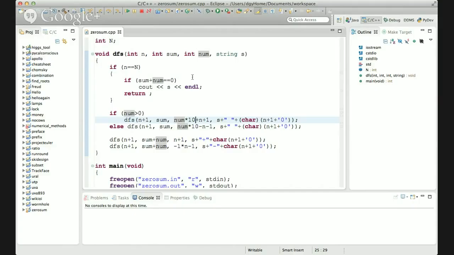For example, if 1 plus 2, then you get 3, and the num is actually the post number there. So if you have a 1 plus 2, here's a 2, then 2 times 10 plus n plus 1. Remember n now is 2, so n plus 1 is 3, so 23.